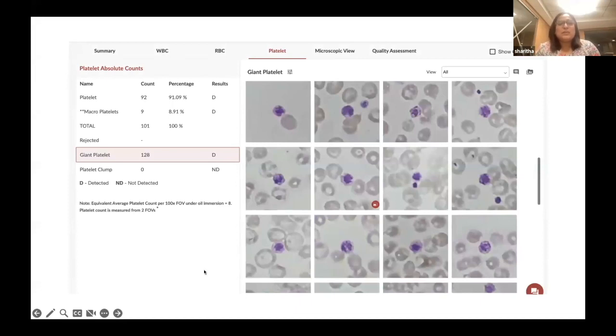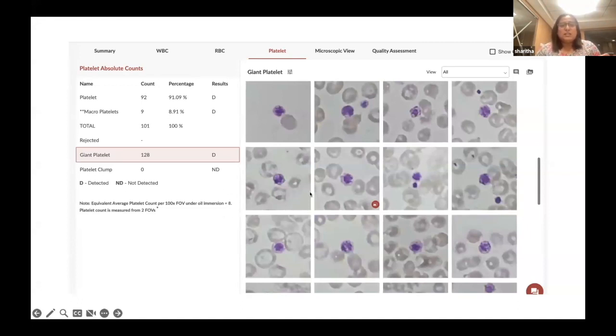I will be sharing some images taken from AI100, which we have installed in North Indian centers like Rampur, Tanda or Chamba. There are multiple devices where we have installed AI100, and in these cases giant platelets were detected incidentally in routine blood smears, and there was thrombocytopenia as well.